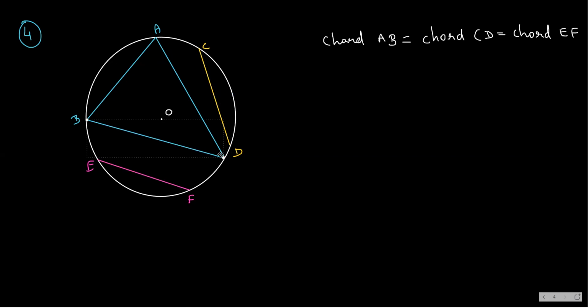See, for example, I had it here. So if this chord is subtending an angle here, at this point, say G, so angle AGB. This angle is subtended by arc AB at some point on the circle.